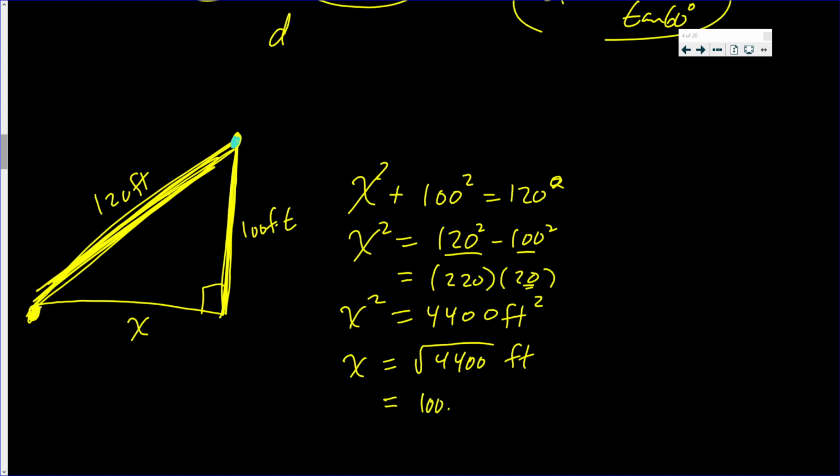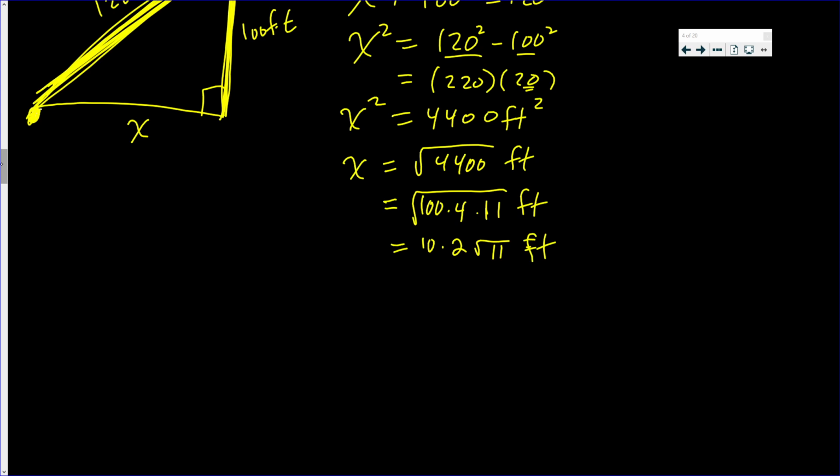But 44 is 4 times 11. The reason I want the 100 and the 4 is I know the square root of them. I know the square root of 100. I know the square root of 4. I have no idea what the square root of 11 is, and it's between 3 and 4. So I get 20 square root of 11.